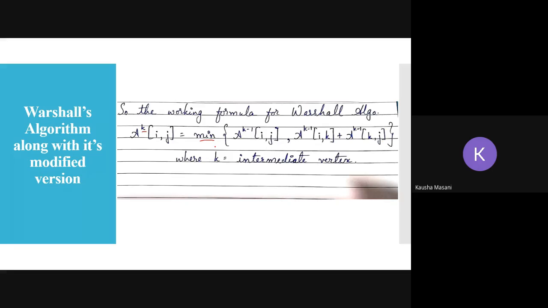अदर वर्ड्स, अगर मुझे फाइंड आउट करना है कि लेट्स से मेरी k इंटरमीडिएट वैल्यू 1 है, ओके, मेरा इंटरमीडिएट वर्टेक्स है 1, वाया 1 मुझे 0 to 2 देखना है, तो मेरी i वैल्यू हो गई 0, मेरी j वैल्यू हो गई 2। तो मैं क्या सर्च कर रही थी?